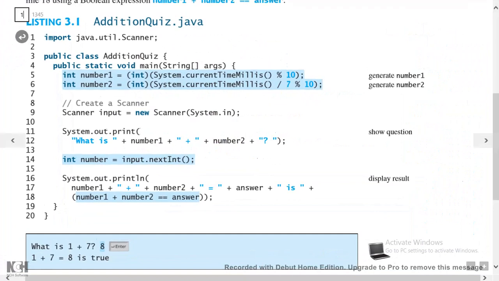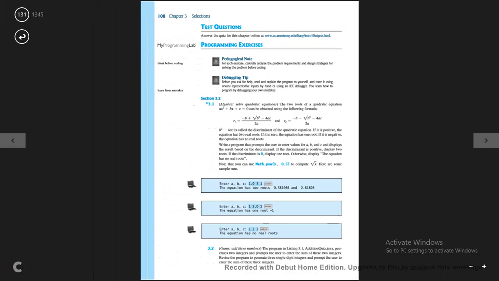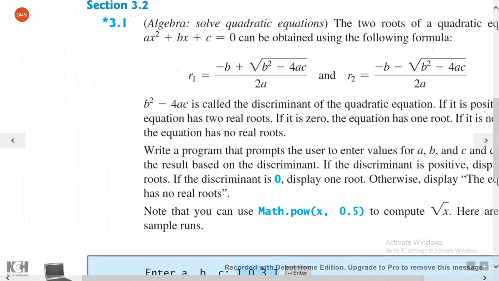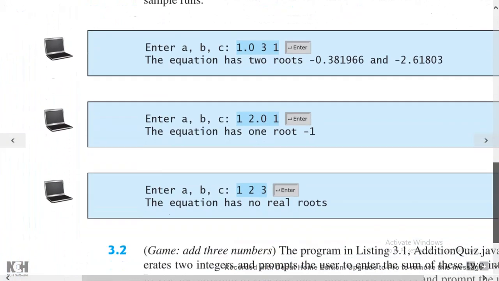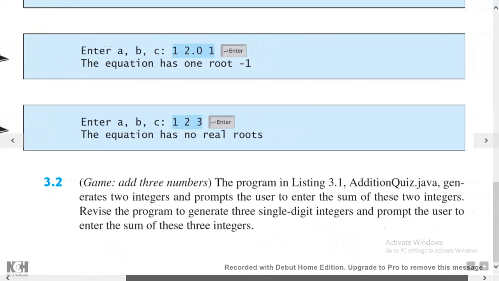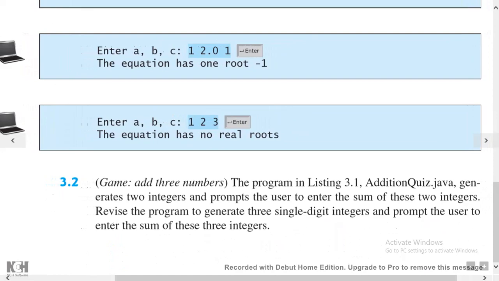It's on page 132 if I'm not mistaken, or one page before that. Okay, so revise the program to generate 3 integers and prompt the user to enter the sum of these 3 integers.